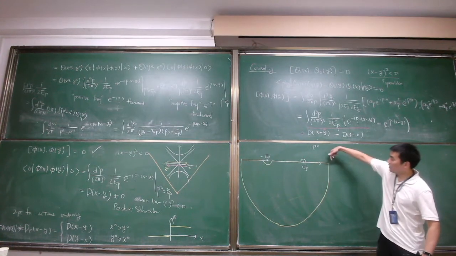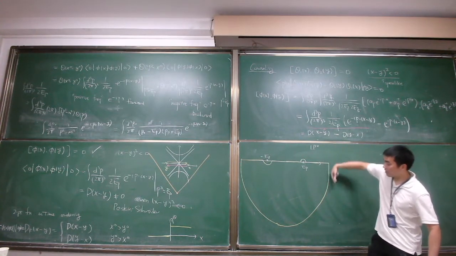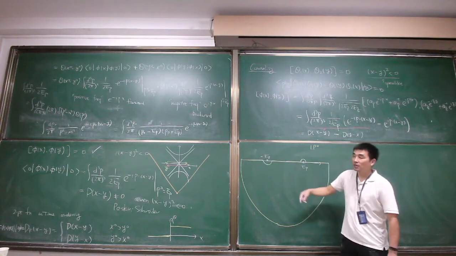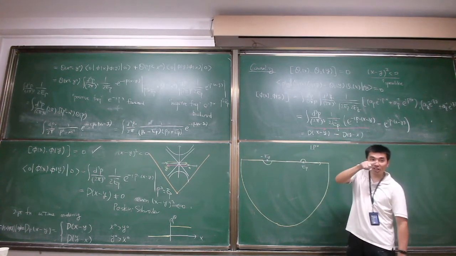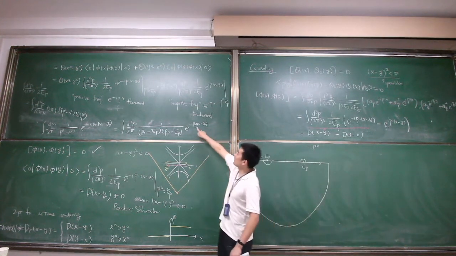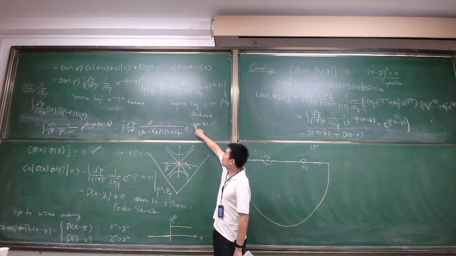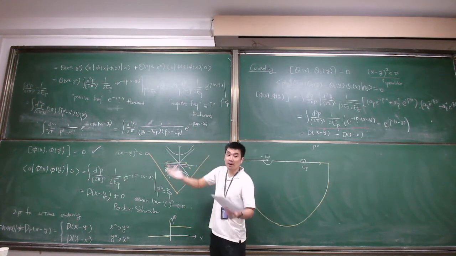So this big circle is the lower half plane, right? Therefore, the imaginary part is minus I. So P0 has a minus I imaginary part. Minus I times minus I is negative, right?